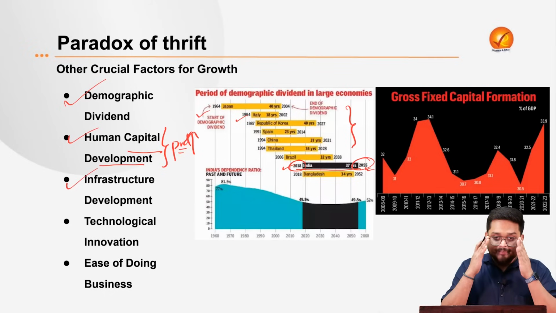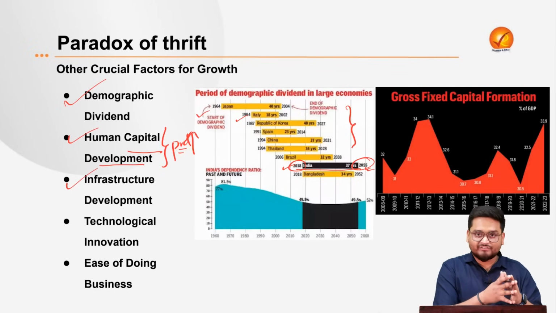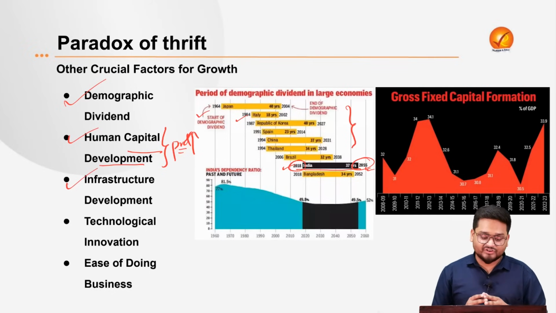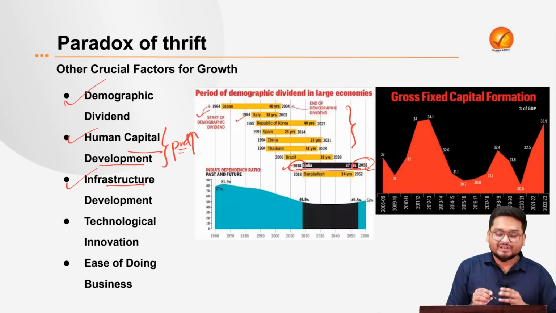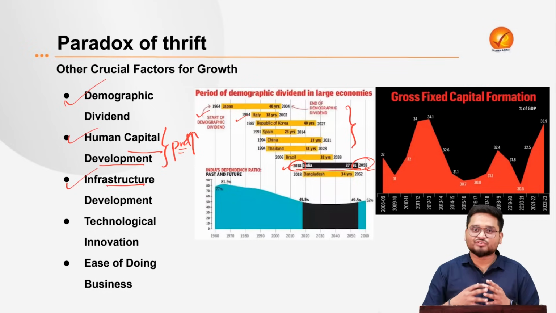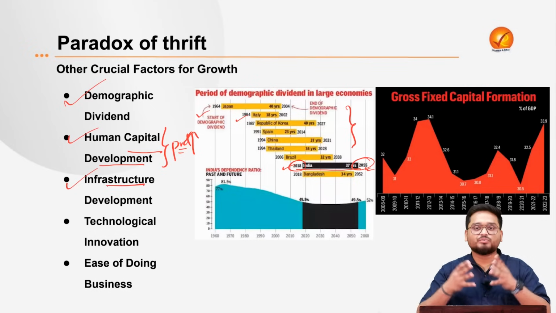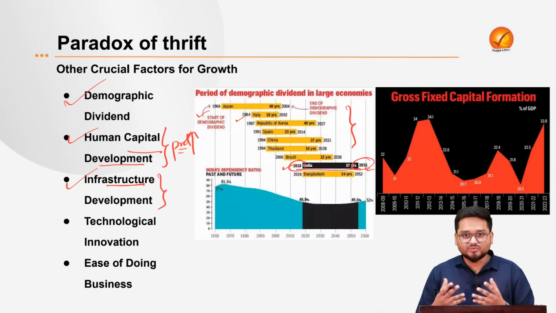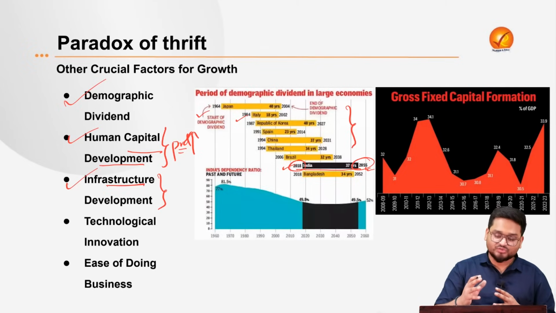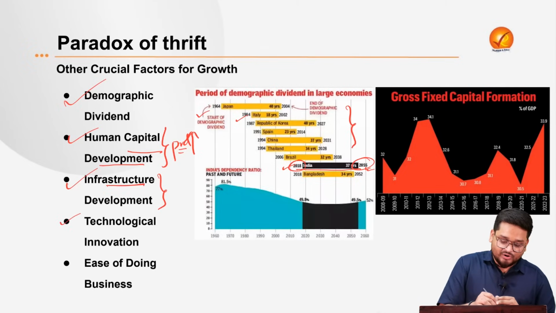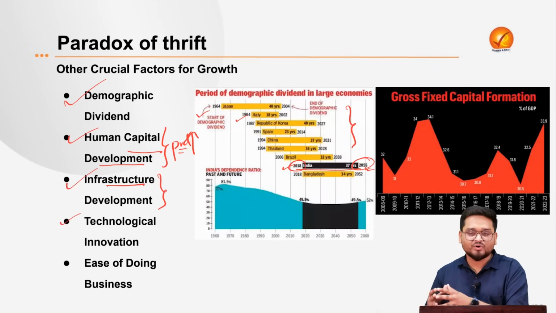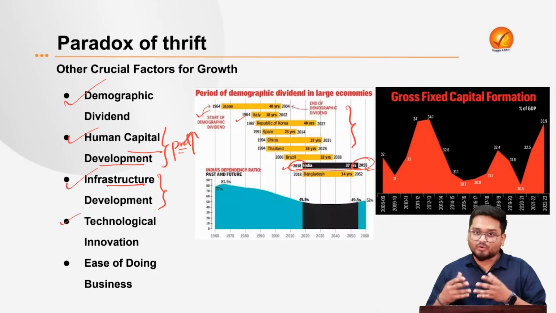And also, apart from the demographic dividend and human development, we also need more and more focus on infrastructural development. We also need a lot of roads, schools, colleges, and also airports, ports, and highways, to make the economic growth smoother and better. We also need technological innovation. That is why the country is right now spending a lot on various new-age products.